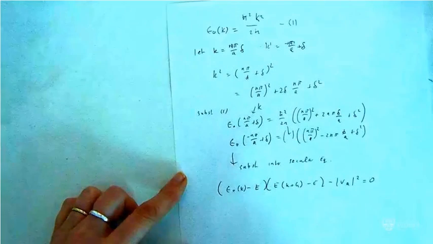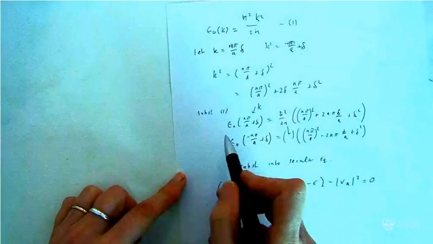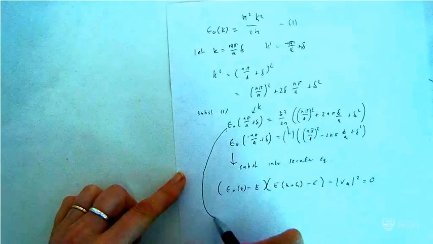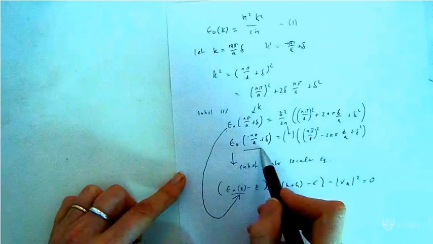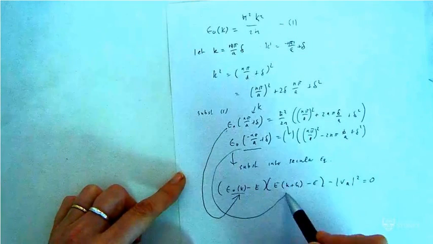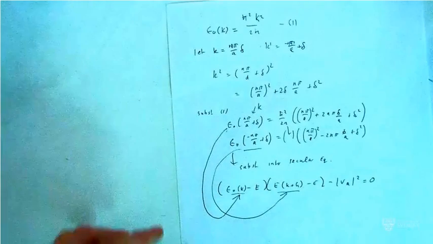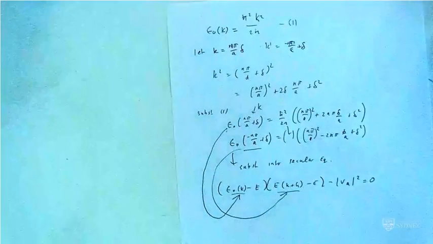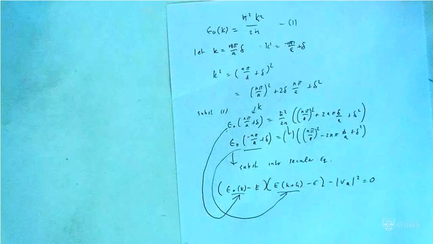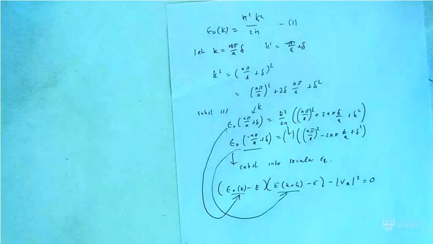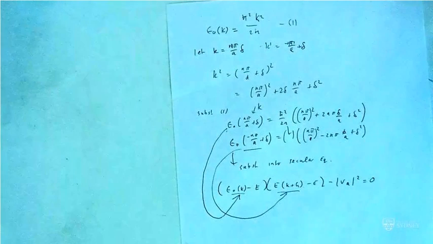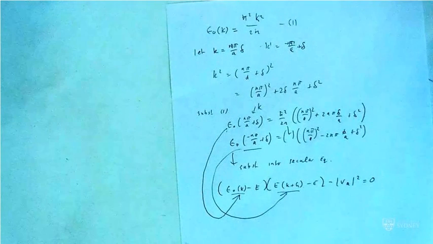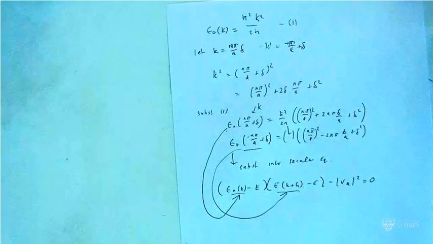So basically what has been done is you substitute this in for that and this one in for that, okay? And just expand it all out and collect up your terms, and that's how this expression is obtained. So it's just a little bit of working, but you should end up with this expression.